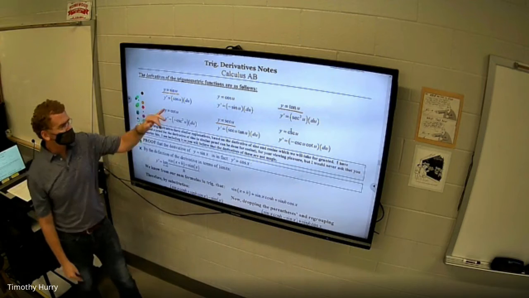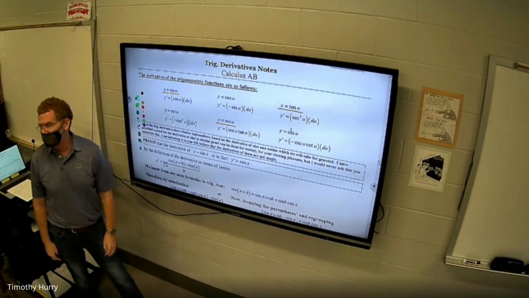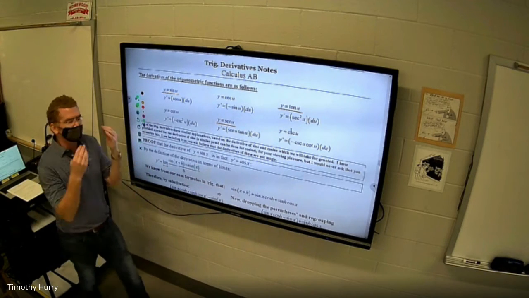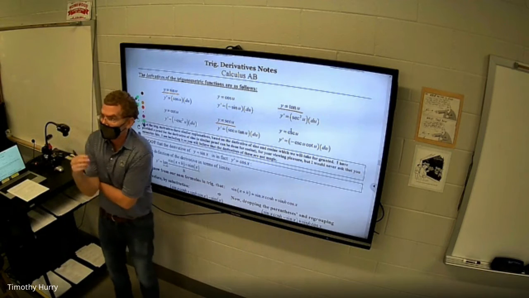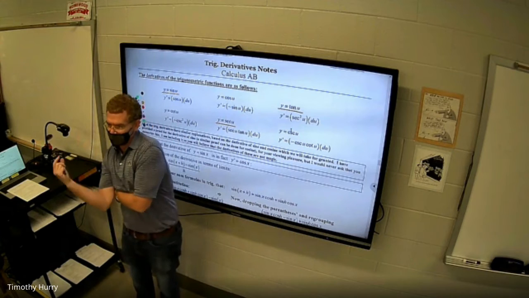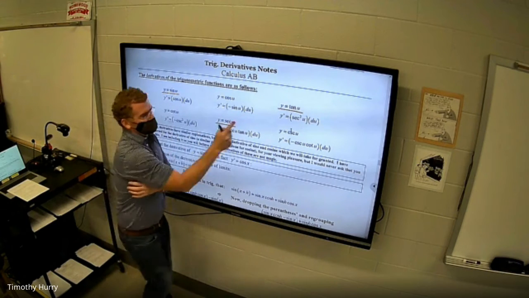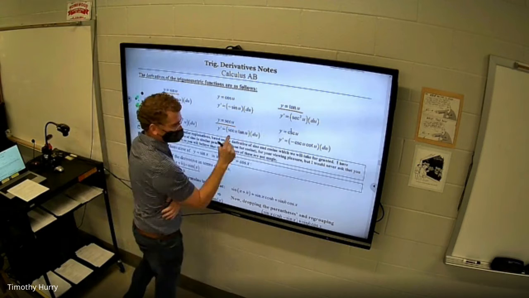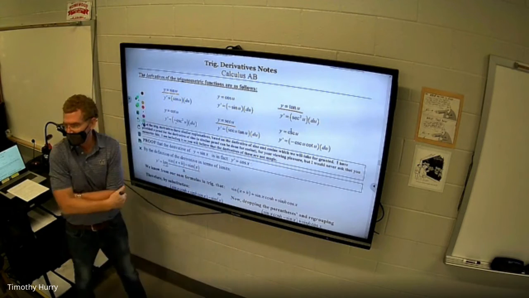So if you can learn the three I gave you that were underlined, then you can just go, oh man, I forgot cosine. Well, I know it's negative, but if I know sine is cosine, then cosine is sine, because it has a co-function answer, except for the negative.